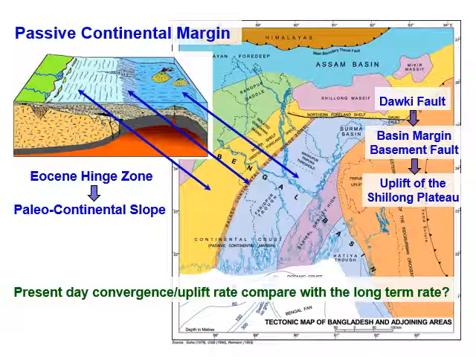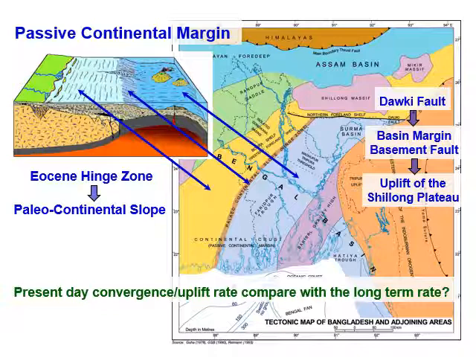So in summary, what we are looking at is that the Dauki fault basically is the basin margin basement fault which continues as the Eocene hinge zone. The Dauki fault is responsible for the uplift of the Shillong Plateau, and the rift faults which are to the front of the Eocene hinge zone are getting reactivated in the present day as strike slip faults.